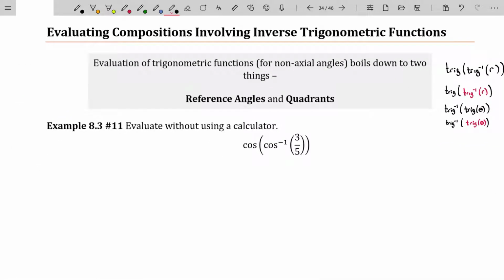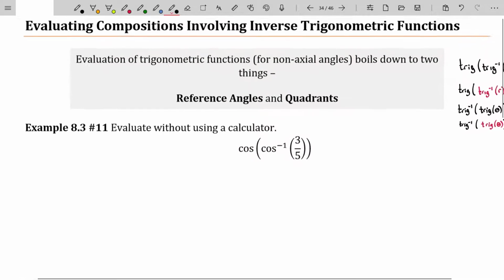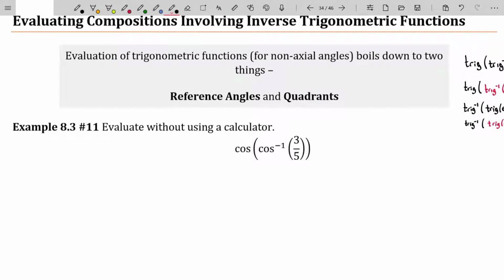Now, I want to repeat something I've mentioned in a previous set of videos, actually quite a few videos, is that really when you're dealing with trig functions, it boils down to two things: reference angles and quadrants. However, sometimes with compositions, you don't need both of those pieces of information. Generally, just quadrants will be fine.